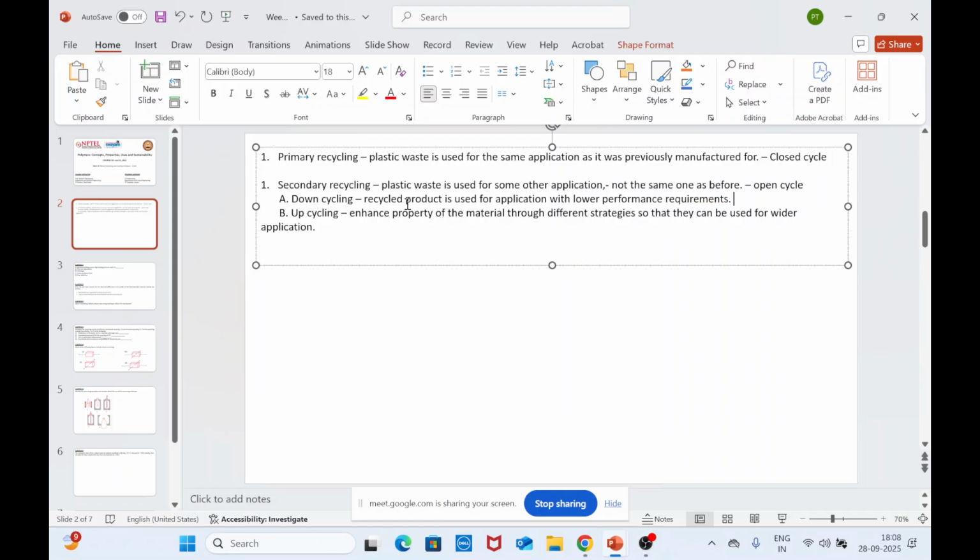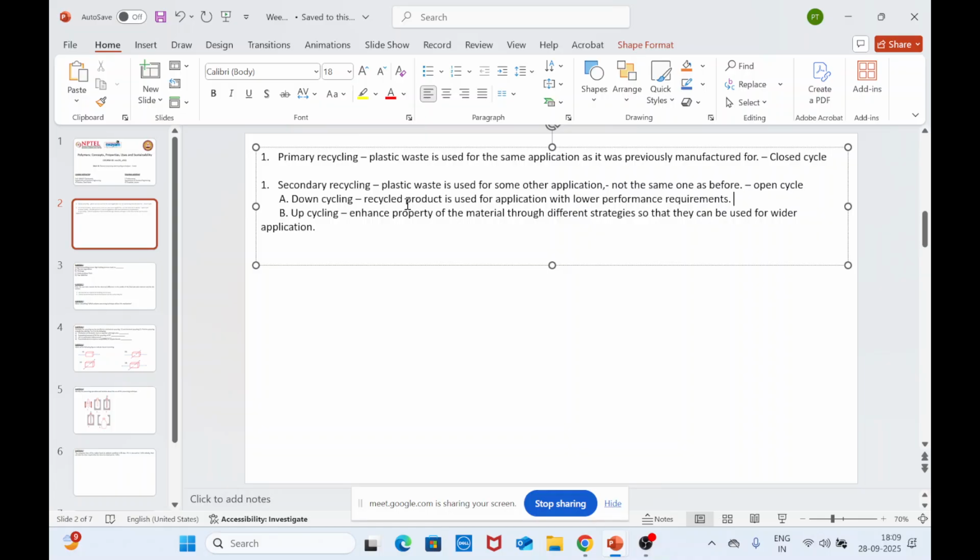So upcycling means you make sure that the recycled product has enhanced properties, by manipulating it using multiple different strategies, so that the recycled product can be used for wider application. However, if the recycled product is going to be used for low performance applications, then that type of cycling is called downcycling.